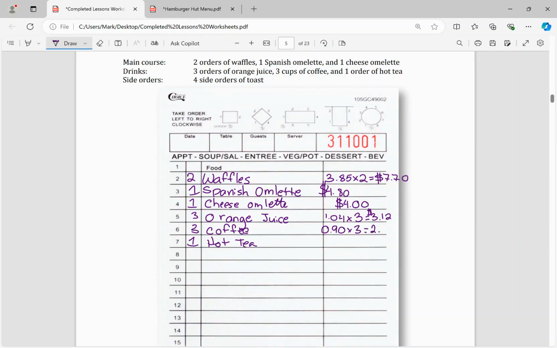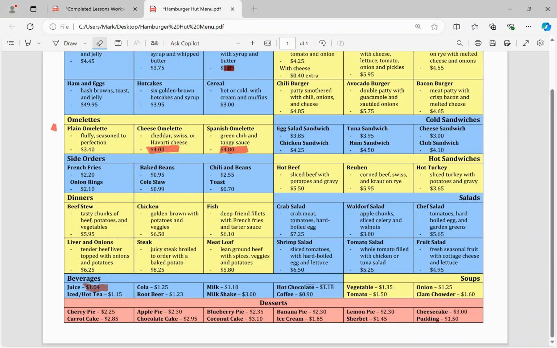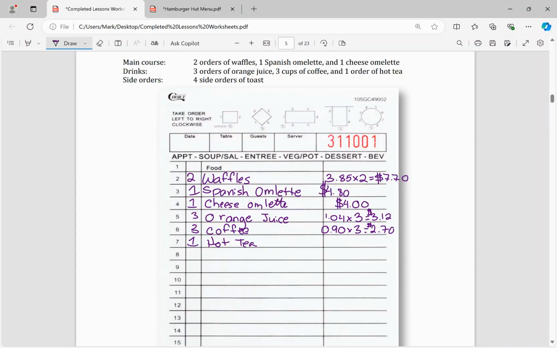That is $2.70. And finally, 1 hot tea is going to be $1.15, right? We can see that there. So we only want 1 of those, so that is $1.15.